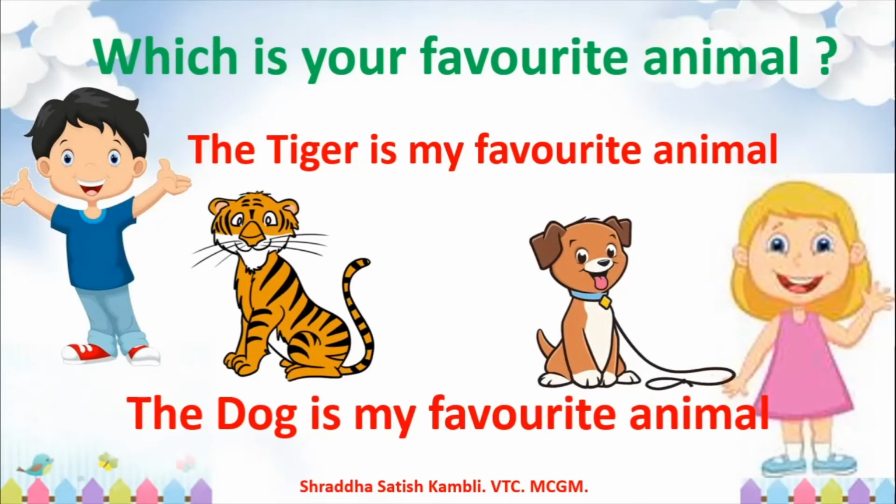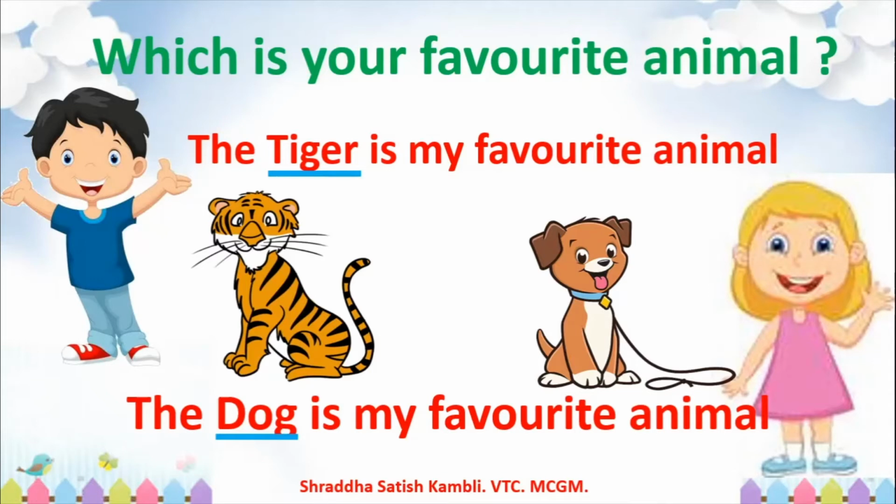Because Rani has a dog at home and she loves playing with the dog. You remember the last lesson that we did was about a dog. It was about a boy called Yash and his dog Moti. So Rani says, the dog is my favorite animal. So we have two more words here, tiger and dog.